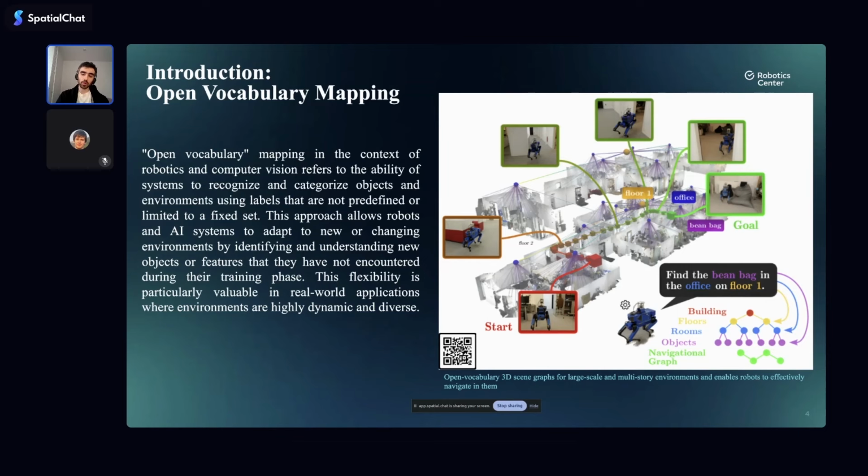And as I said before, it elevates the understanding of mobile robots and brings it closer to the human understanding of this environment. For example, we understand that this object is near that object.